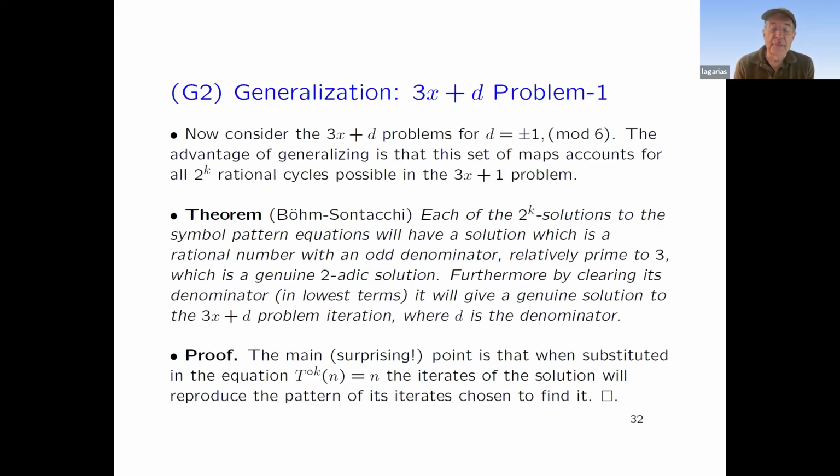And as I said, the surprising point in the proof is that the solution of linear equations, when iterated, has the same symbolic dynamics, so that a putative rational solution is an actual rational solution. Next slide.